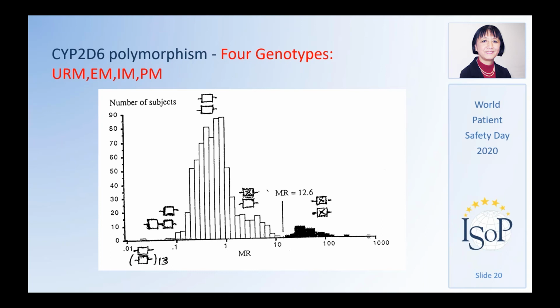And then for individuals with a metabolic ratio between 1 and 10, they are the intermediate metabolizers with 1 active gene, 1 inactive gene. And the poor metabolizers are homozygous for the mutations with a variant gene.